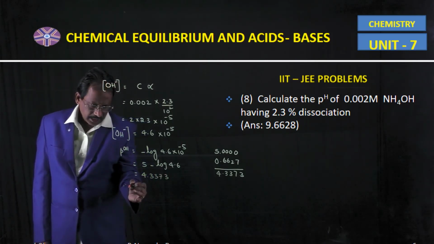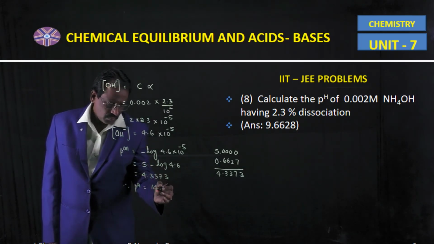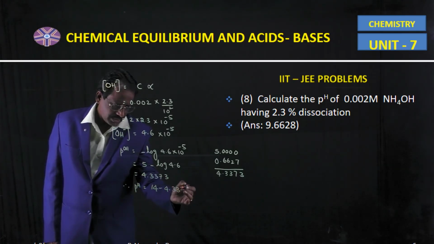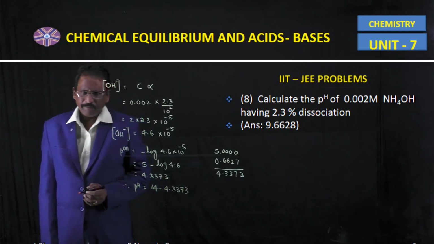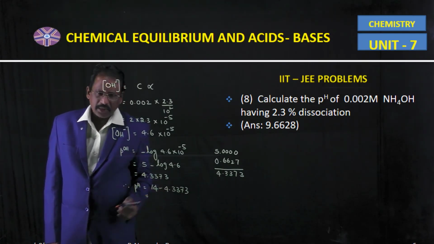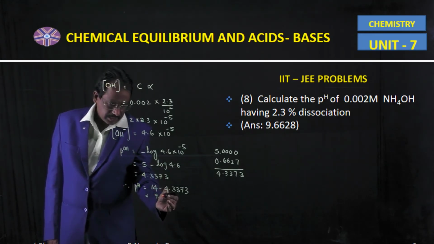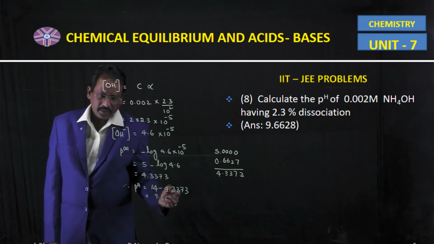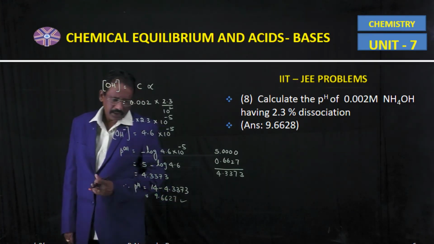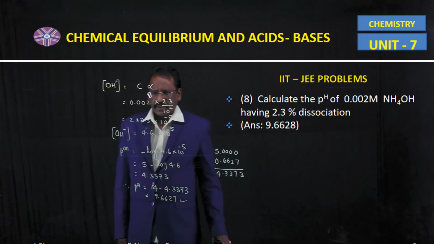Therefore, pH of this solution is equal to 14 minus 4.337. That is equal to approximately 9.6627.